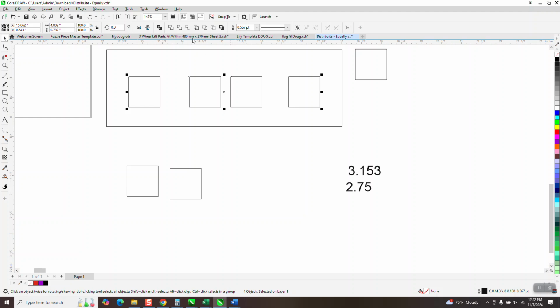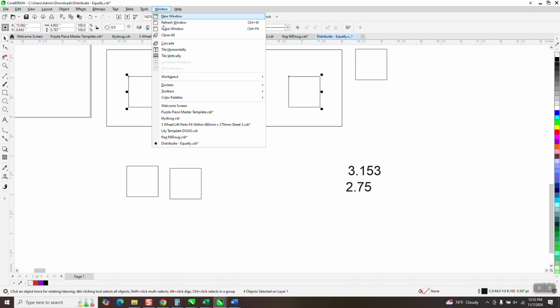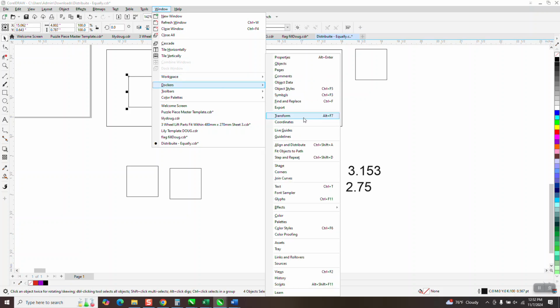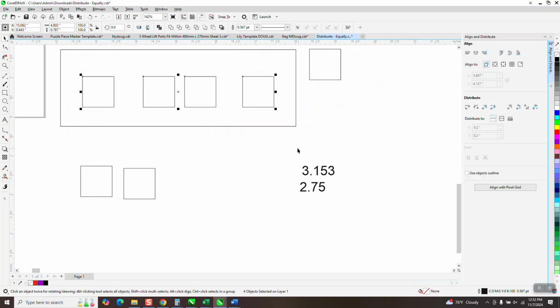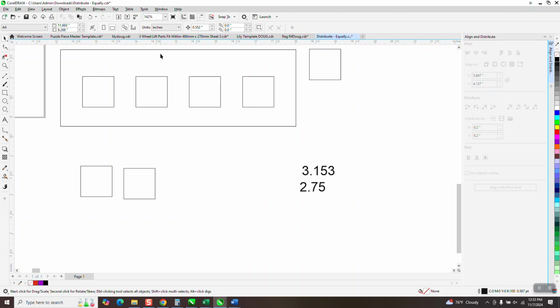They're all 4 selected. I'm going to go to Windows, Dockers, and Align and Distribute. And I'm going to use this one right here that's center horizontally. And look at that. Now, we might not be centered in the box top to left, but we can fix that.